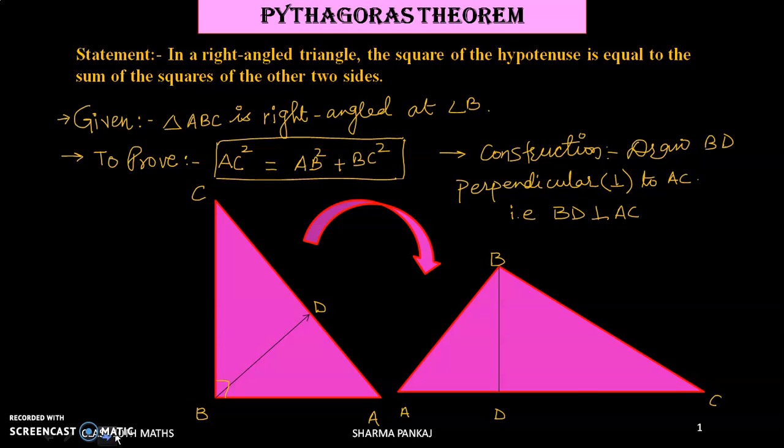This is another view of the same similar triangle. We will now onwards analyze from this angle orientation. Now we have to prove that AC square is equal to AB square plus BC square. To prove that, let us consider two triangles, that is in triangles ADB and ABC.